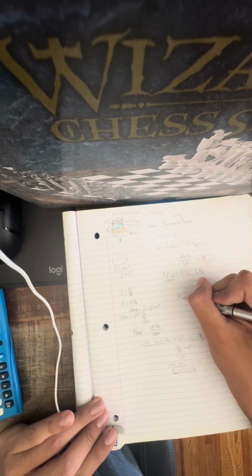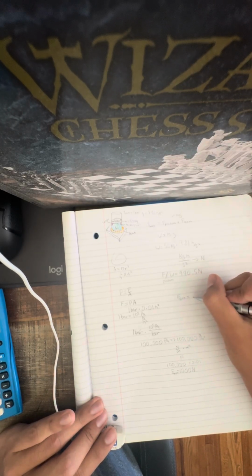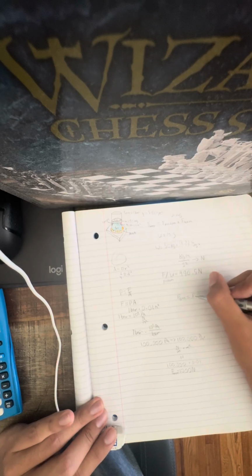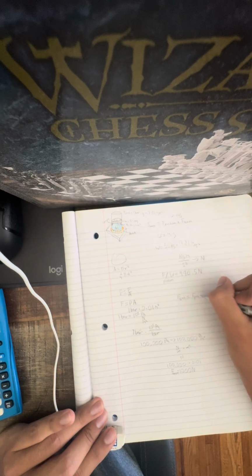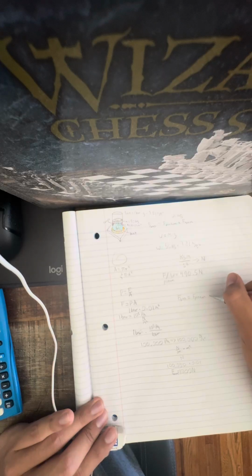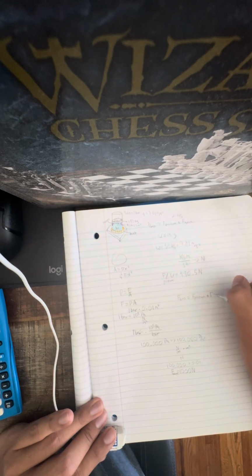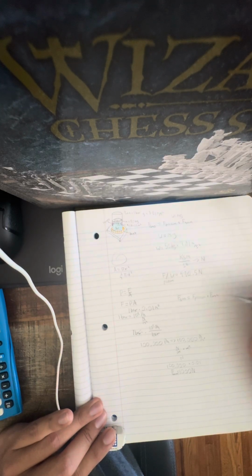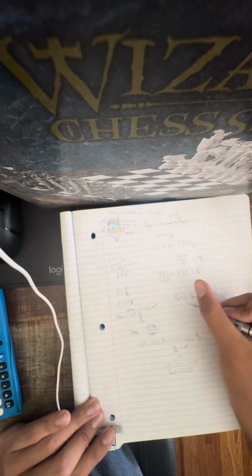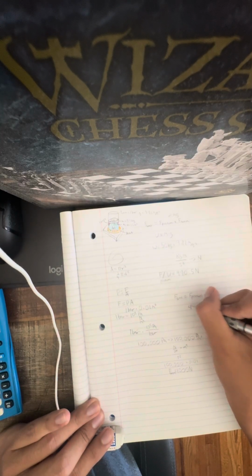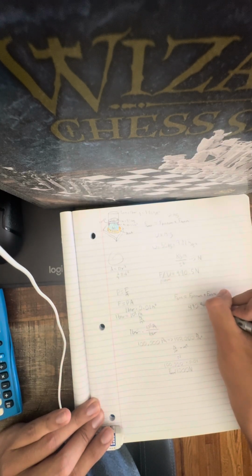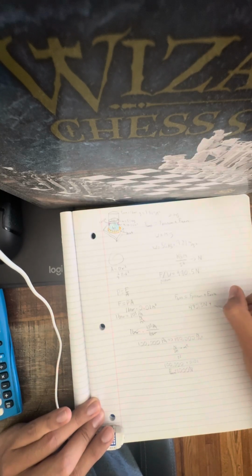So our F gas is equal to the force or weight of the piston plus our force of atmospheric pressure. So from there, we do 490.5 newtons plus 1,000 newtons.